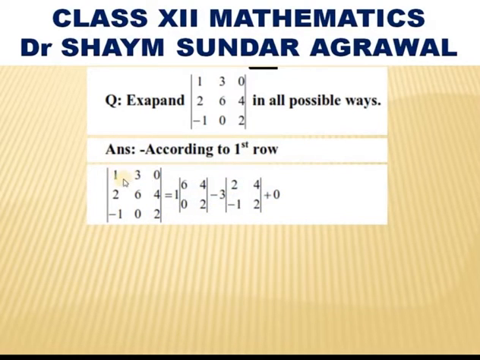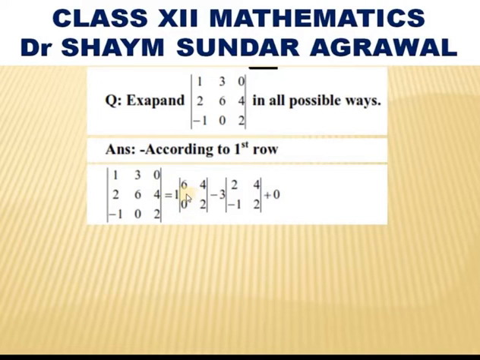the first row is A11, A12, A13. According to A11, sign is plus. According to A12 is minus 1 to the power 1 plus 2 is minus, and the last one is plus sign A13. So, 1 into determinant of the rest elements after deleting first row and first column, that is 6, 4, 0, 2.